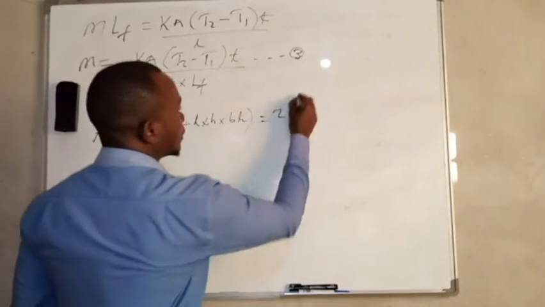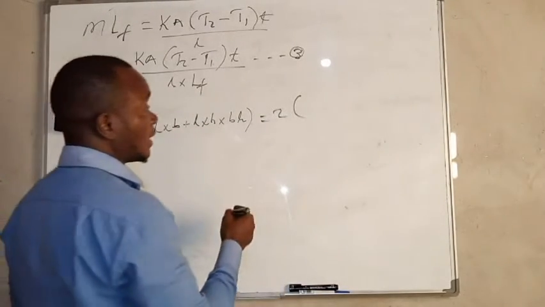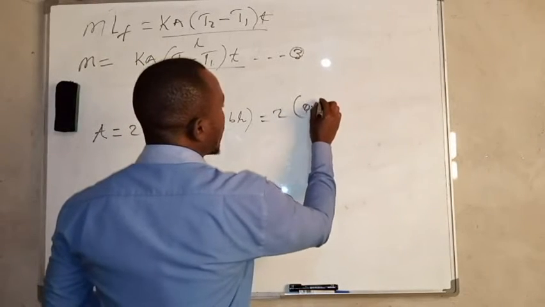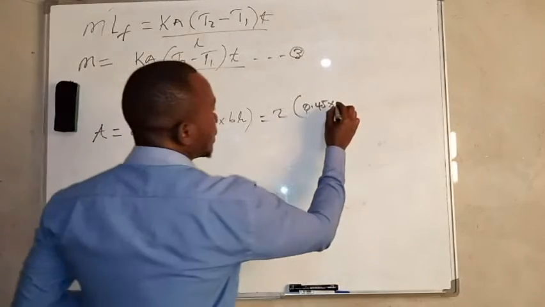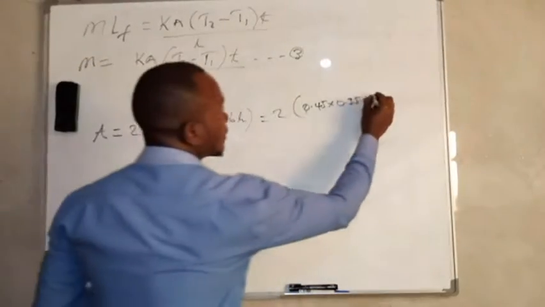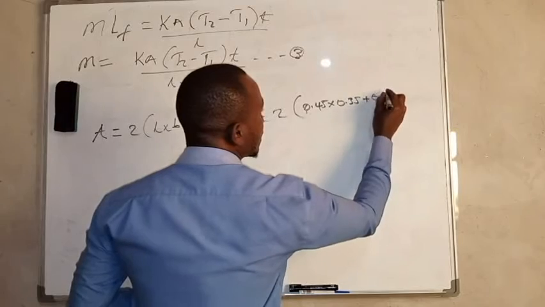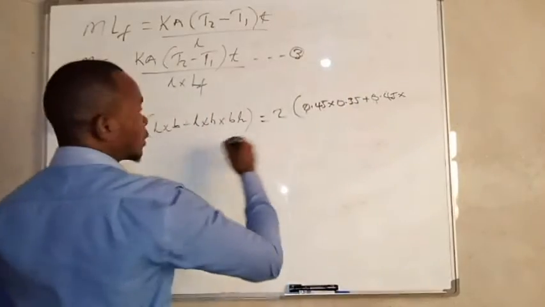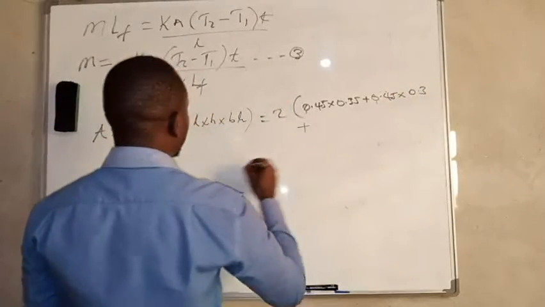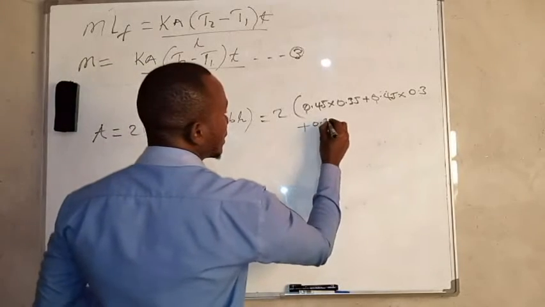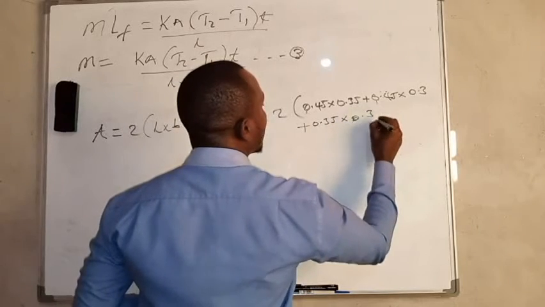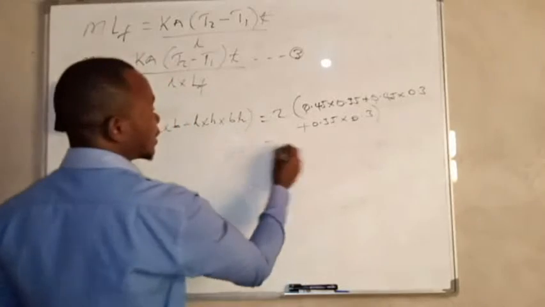We convert the dimensions into meters: 2 times (0.45 times 0.35 plus 0.45 times 0.3 plus 0.35 times 0.3).